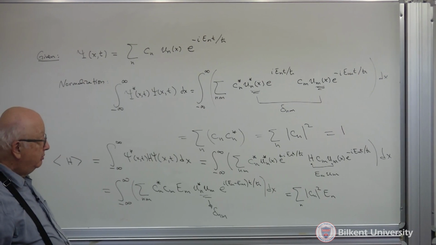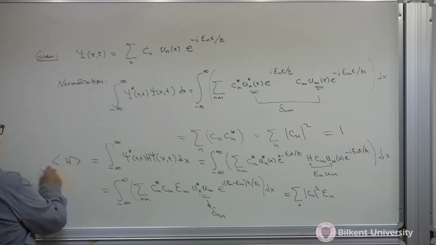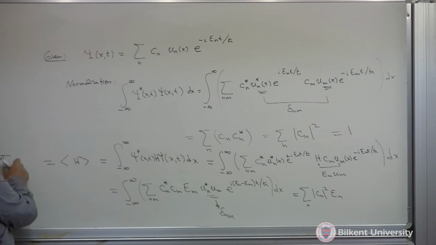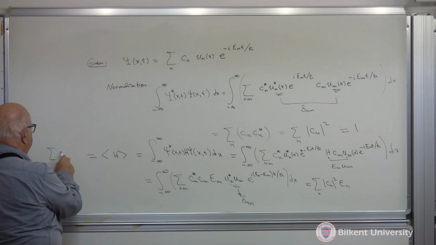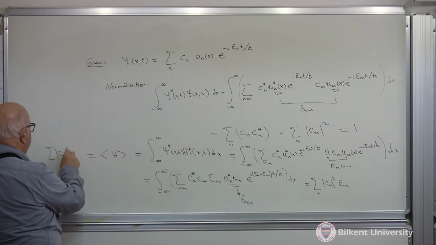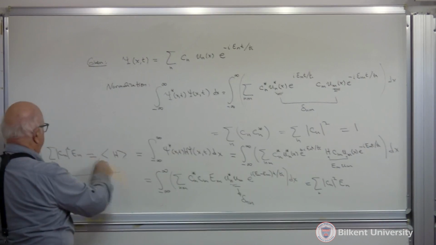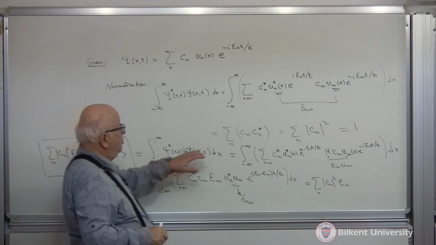Let's see what we obtained here. Let me put that toward the left so that I can put a box around it. This is the summation over n of |Cn|² En.